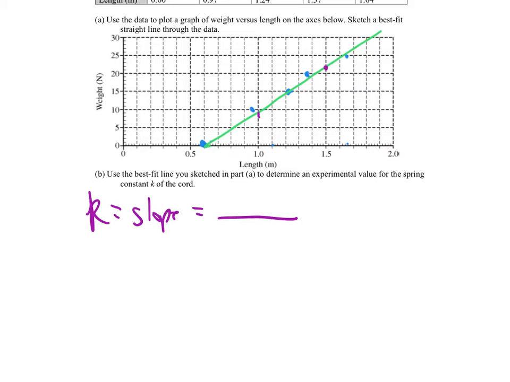It looks to be, I would say, 22 newtons at 1.5 meters. And here it looks to be about 8 newtons at 1 meter. So we're going to get 22 minus 8 over 0.5. I'm going to get 28 newtons per meter.